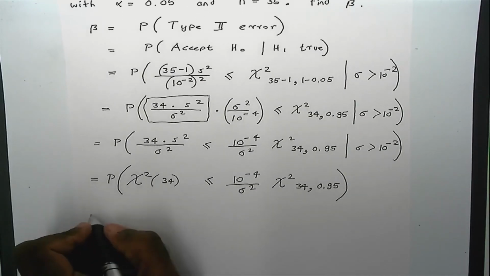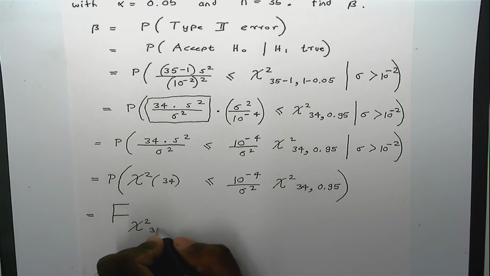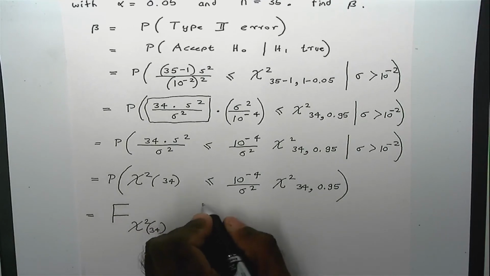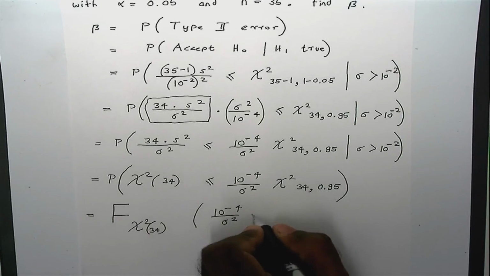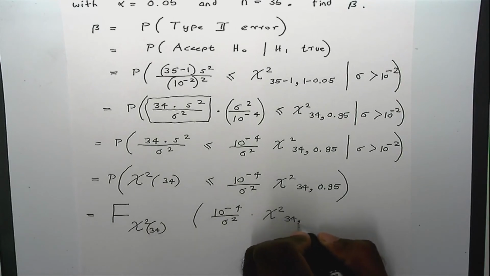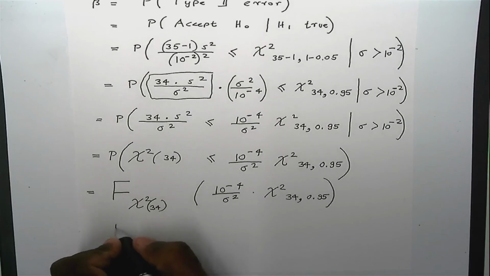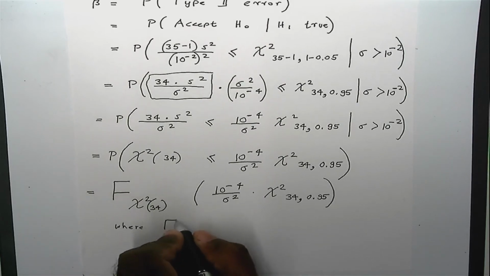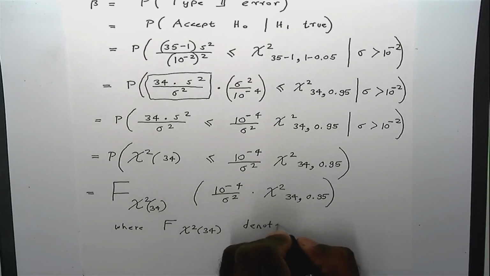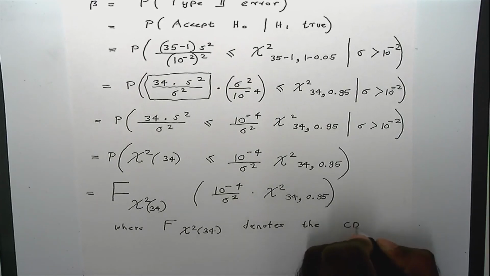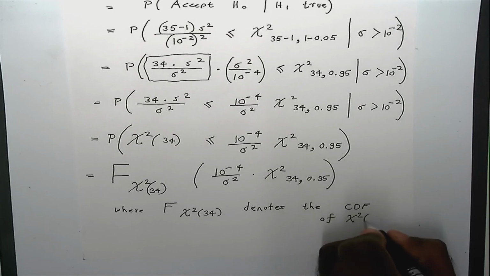Alright, so you can write this, if you like, as capital F, where this notation denotes the CDF of a chi-square variable with 34 degrees of freedom.